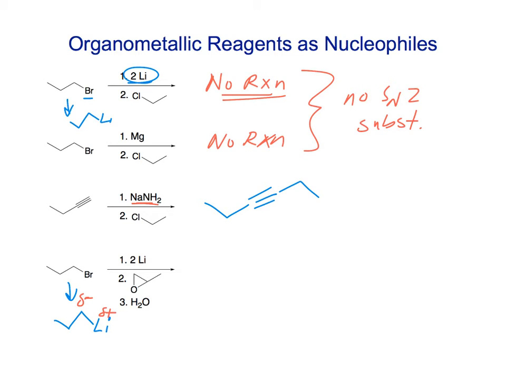Basically we have delta plus on the lithium, delta minus on the carbon. So we have a strong, basic carbon nucleophile. This bond is going to attack the epoxide at the less substituted side, and it's going to open up the epoxide ring. So we can get an intermediate.